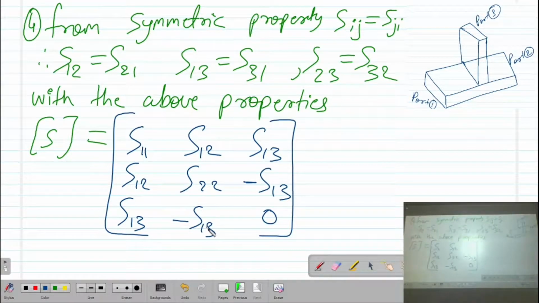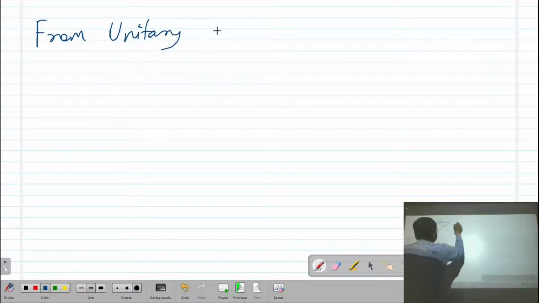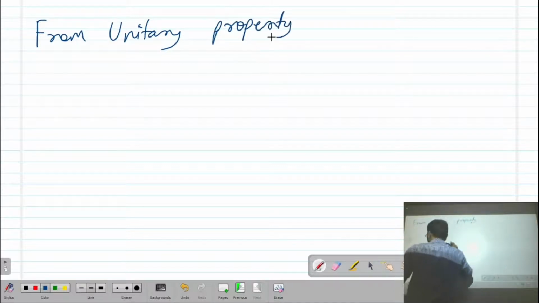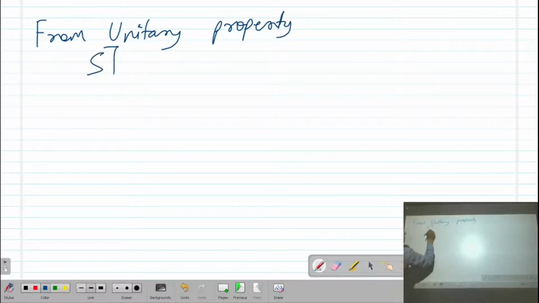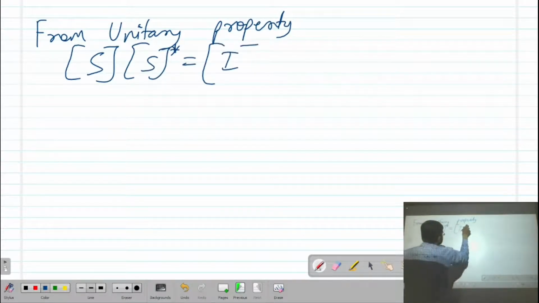Now, again from unitary property, we have S dot S star is equal to the identity matrix.